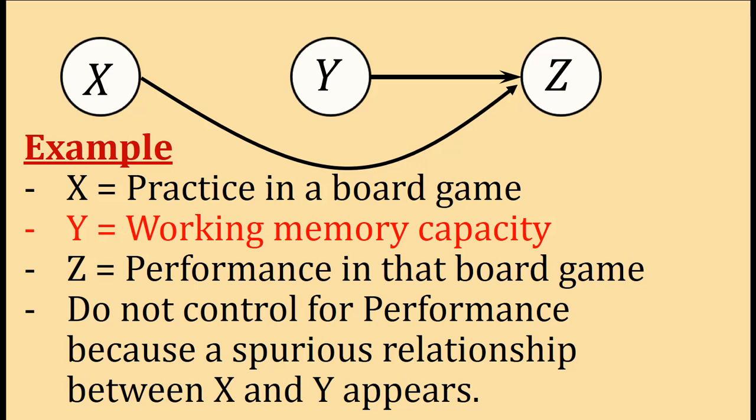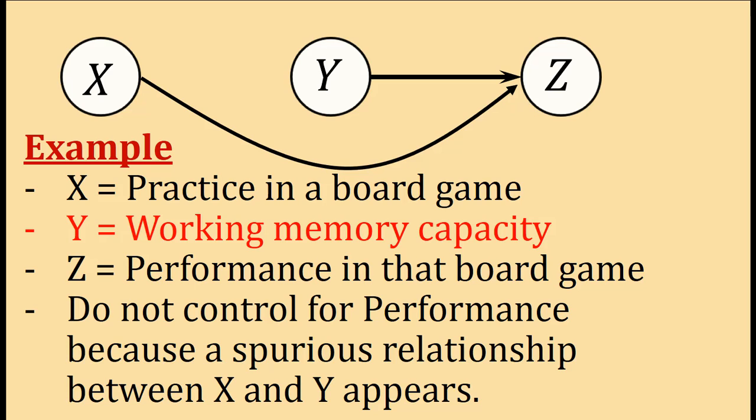But because they are performing at this medium level, if they practice a lot, that's because their memory capacity is not too good. On the other hand, if in this group of people who perform at medium level, we find someone who has very strong working memory capacity, well, it is likely that they're not practicing too much, because if they were practicing more, the level would be higher.